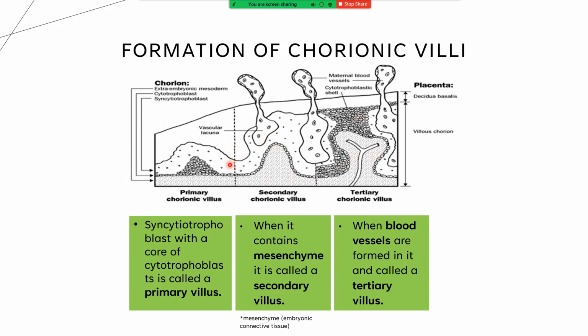The primary chorionic villus is a finger-like projection that contains a core of cytotrophoblast. The core of the villus is made only of different numbers of cytotrophoblast.